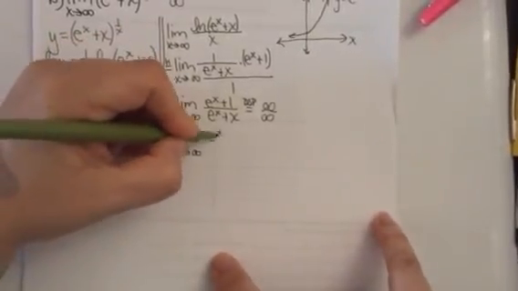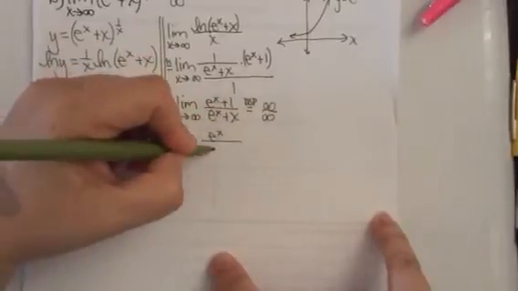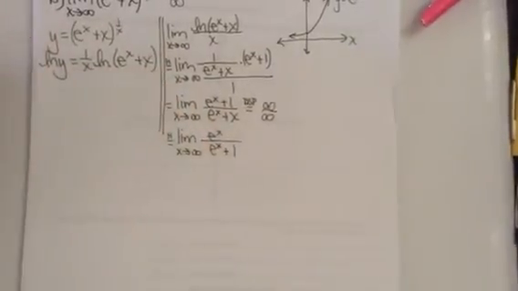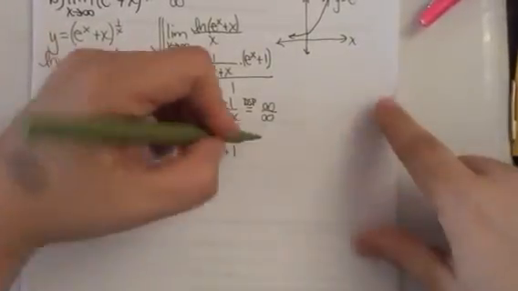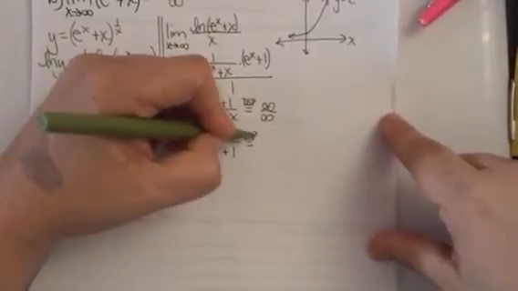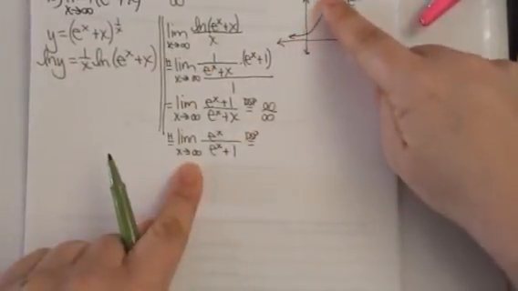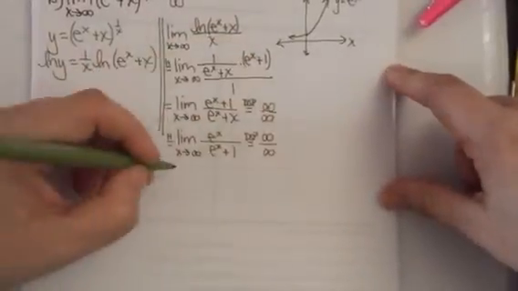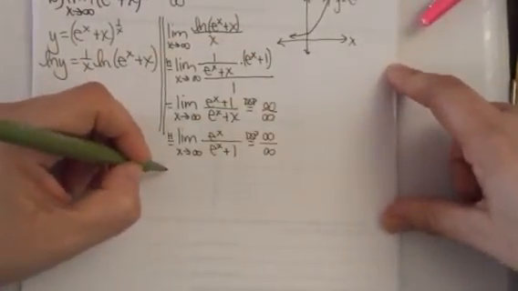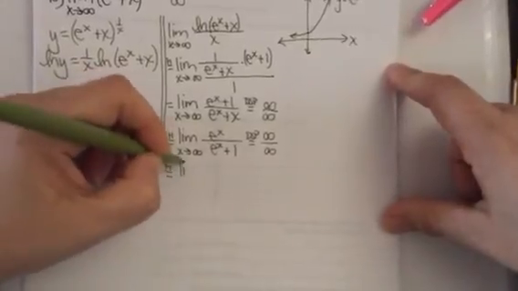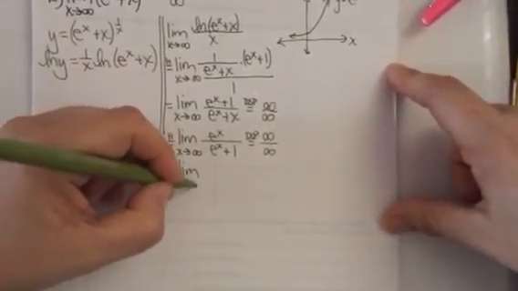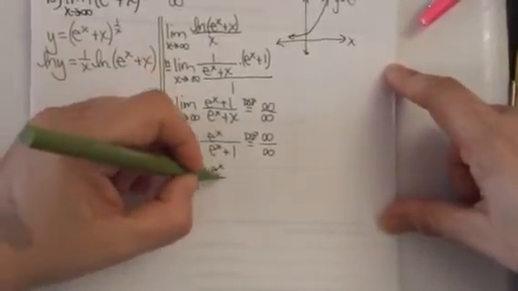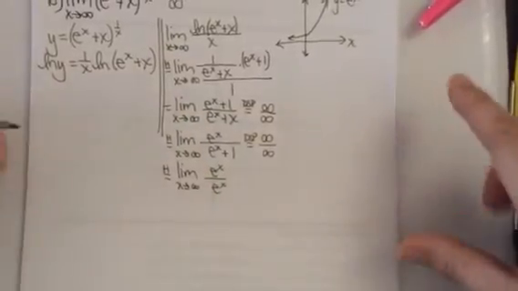Derivative of e to the x plus 1 is 0. This is e to the x plus 1. Right. DSP again. As x goes to infinity, the y goes to infinity. So again, I have infinity over infinity, but hopefully you're seeing that now. One more L'Hopital will be it, because derivative of the top, derivative of the bottom.